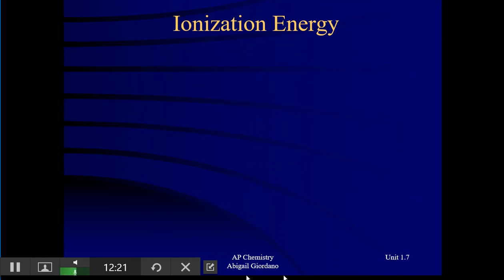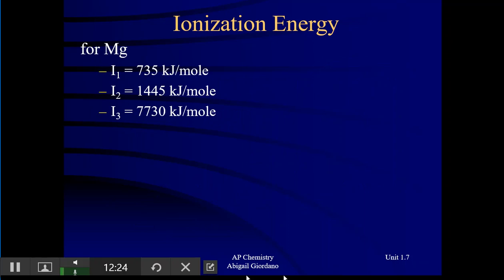And I want to show you some numbers here, okay? This is for the element magnesium. I want you to notice that the numbers are increasing here. Here is its first ionization energy. Its second is more. It takes more energy to remove that second electron. It takes even more to remove that third.